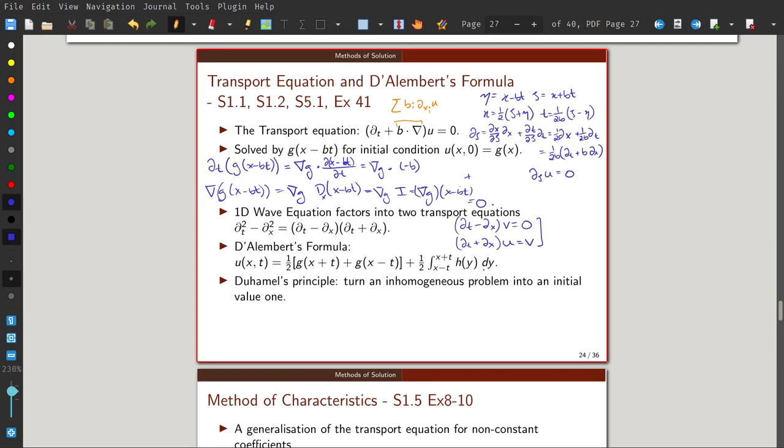So one thing that we do when we have the one-dimensional wave equation is we apply something called Duhamel's principle to get the solution of the inhomogeneous one-dimensional wave equation. Here we solve the homogeneous one-dimensional wave equation.